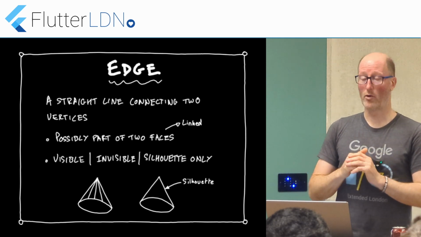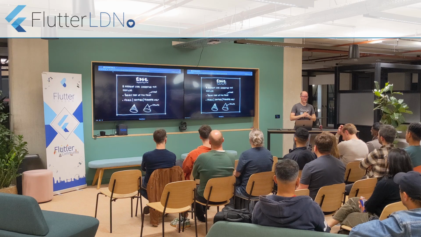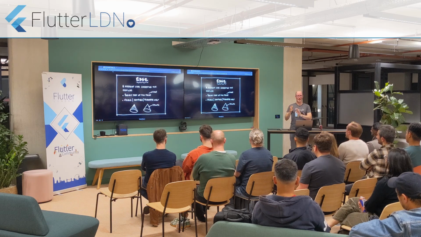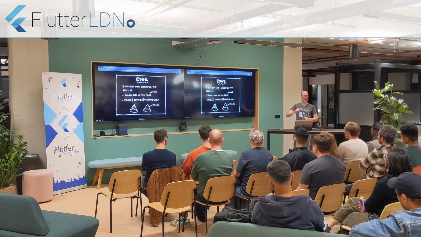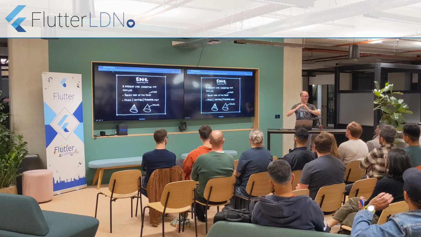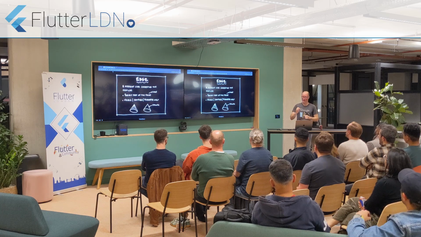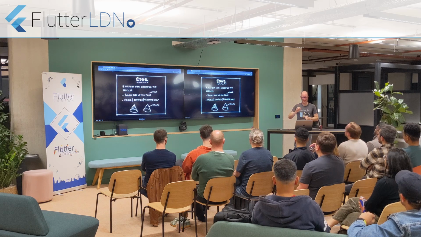Edges are always straight lines connecting two vertices. We know that the perspective transformation distorts the scene, but edges always remain straight. It's not like a fisheye lens where you can have curved edges that were straight in the model world. In the two-dimensional view, it's always a straight line connecting the vertices.